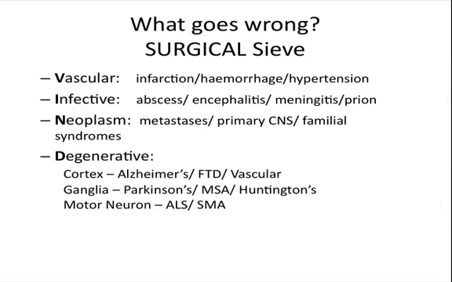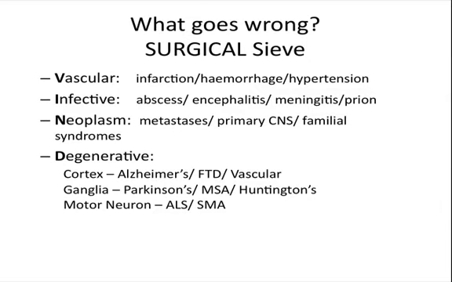When it comes to all brain syndromes, there's obviously the option of there being a familial syndrome, such as neurofibromatosis or tuberous sclerosis, and several others as well, which often have multiple interactions in other organs around the body like kidneys and livers. And finally, degenerative.